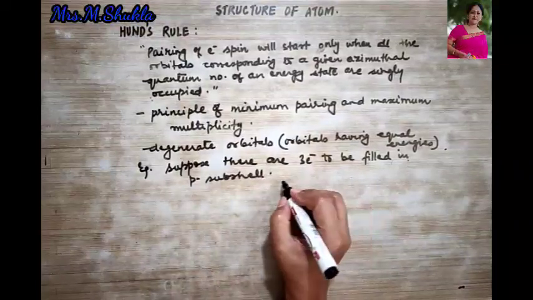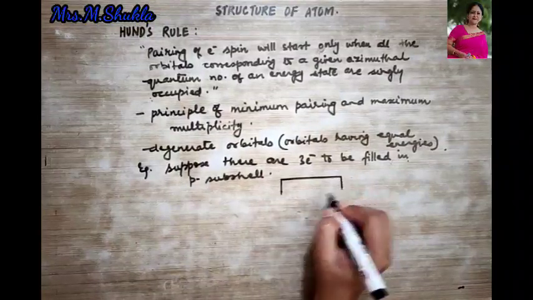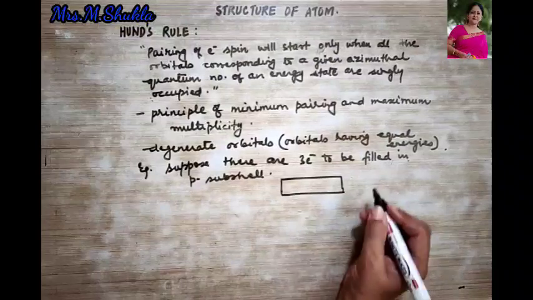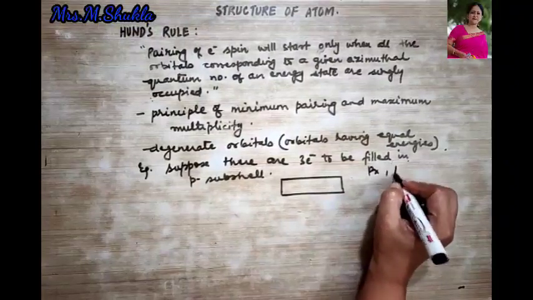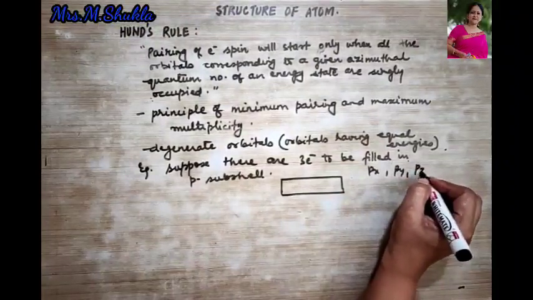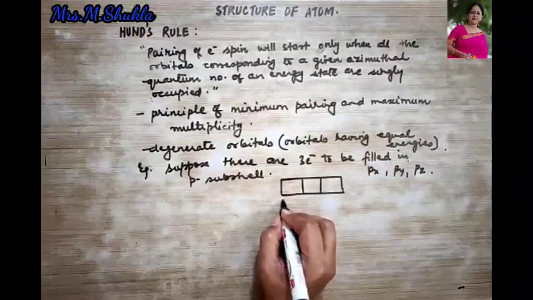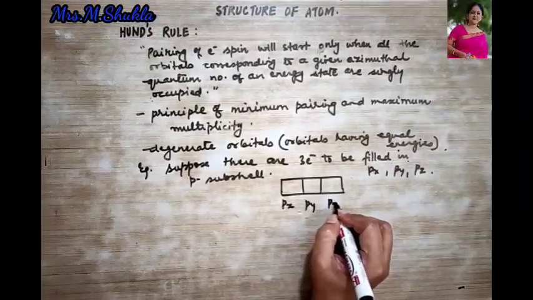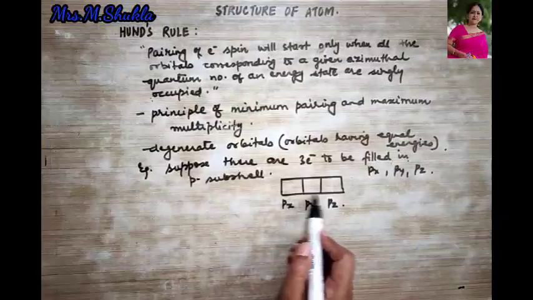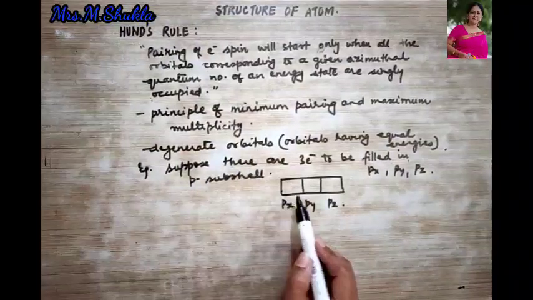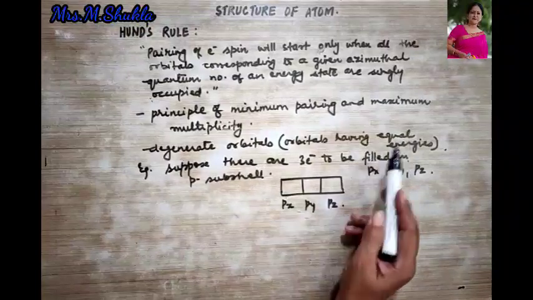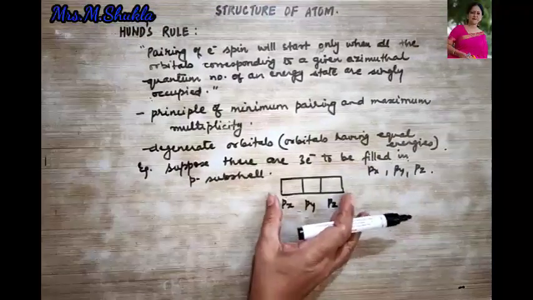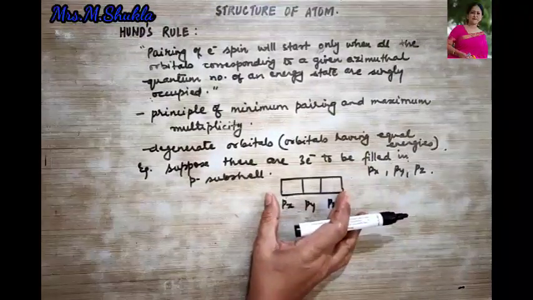Now if we are talking about the p subshell, that means it has 3 orbitals. What are they? Px, Py and Pz. Clear? This is Px, Py and Pz. Now these are termed as degenerate orbitals. Why? Because these orbitals have equal energy. So they are degenerate orbitals.